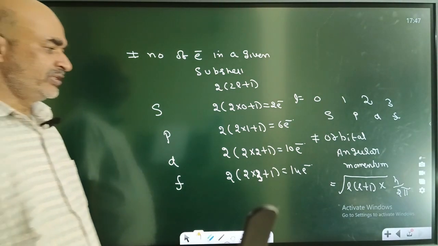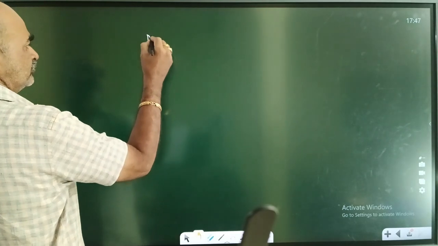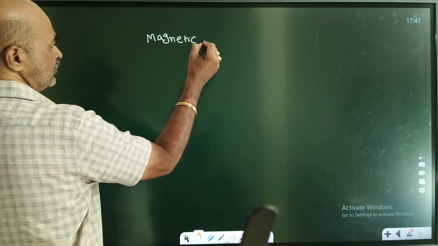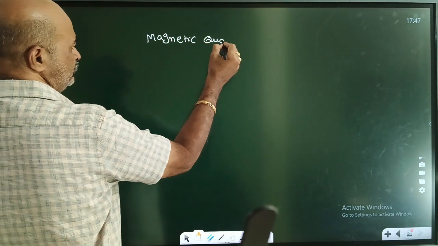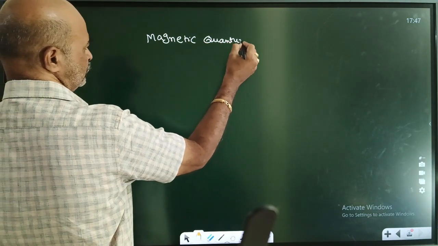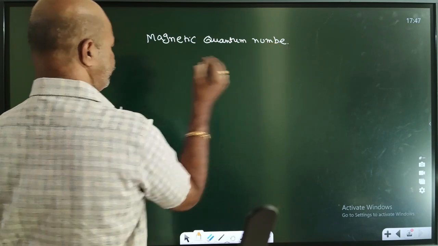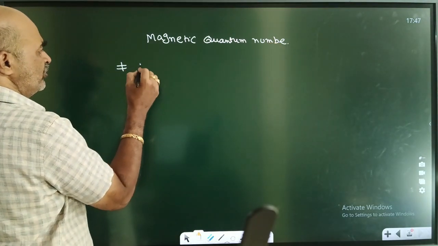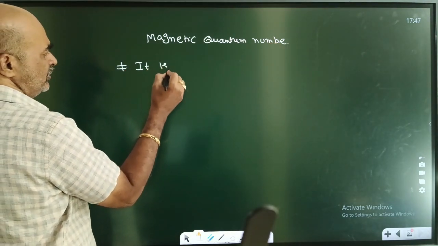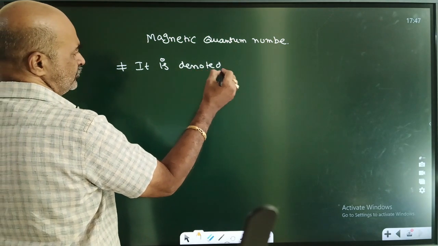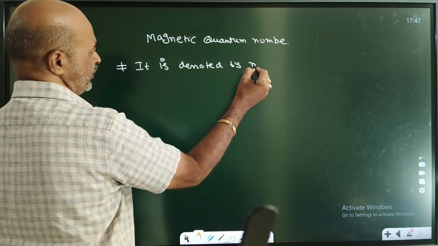And the third one is the magnetic quantum number. It is denoted by m.